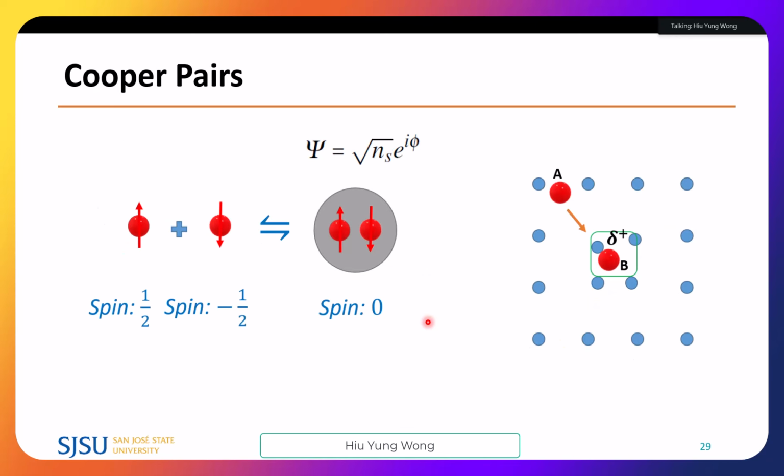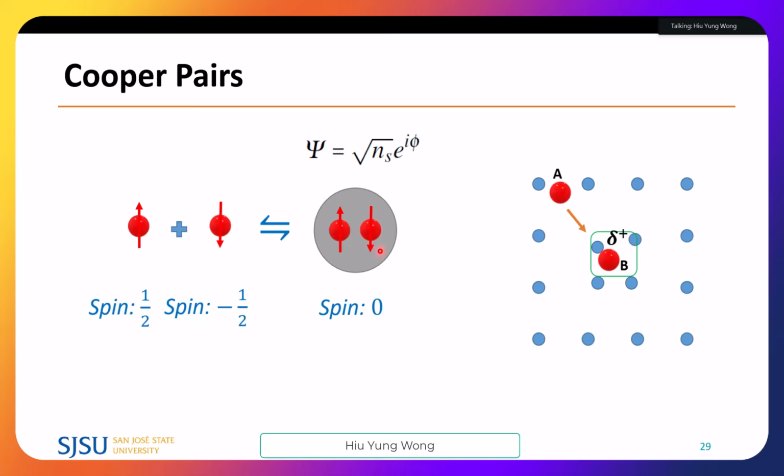So we have something called Cooper pairs. Before that, I just want to remind you that we are going to talk about Josephson junction for superconducting. When you cool the metal to very, very low temperature, it becomes superconducting. What happens is the electrons will pair together, and they are called Cooper pairs.